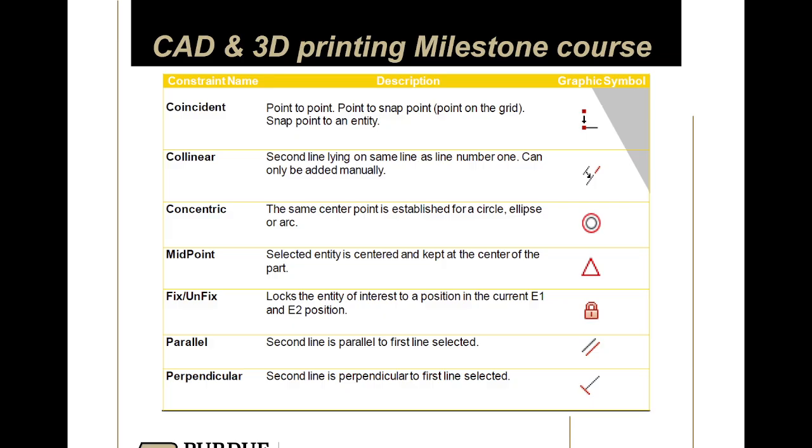You will see that there is the fix and unfix constraint. I usually recommend that you don't use it at all. We're going to teach you how to use it just so you know. The reason I encourage you not to use it is because you can lock something that's arbitrarily placed and make it fixed.